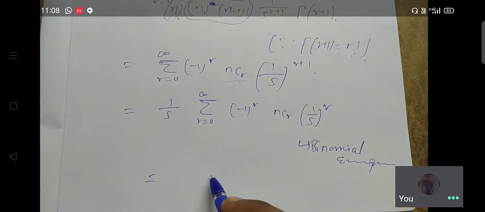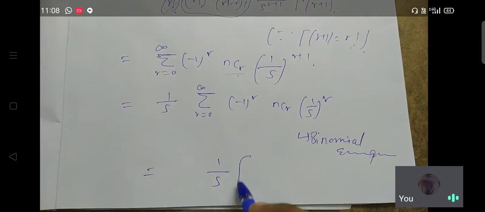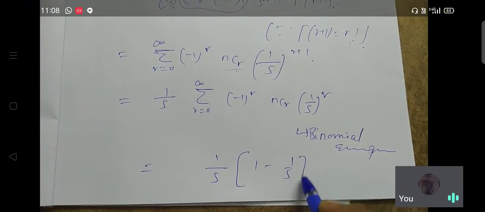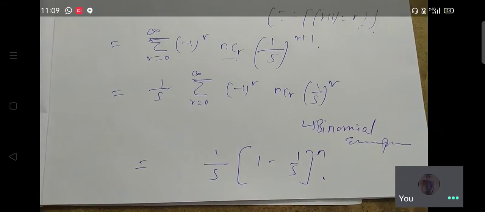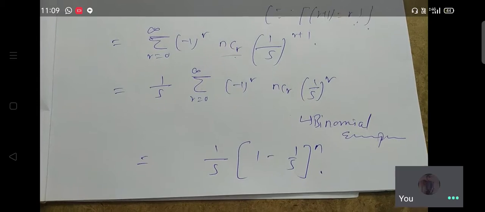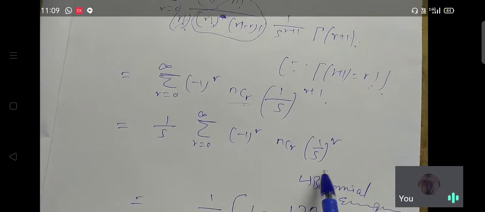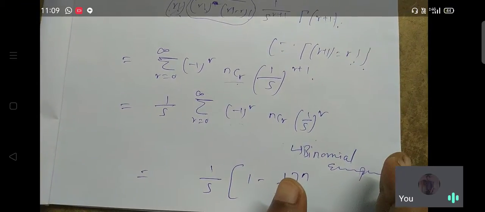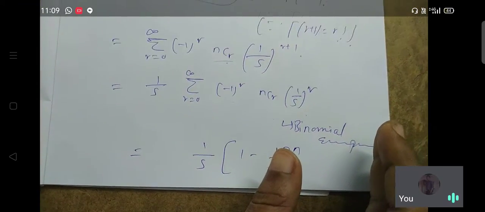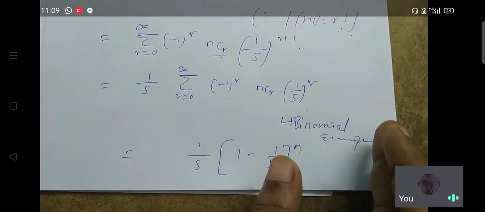Therefore, this is 1 over s times (1 - 1/s)^n, and this whole thing will be equal to (1/s)(1 - 1/s)^n.